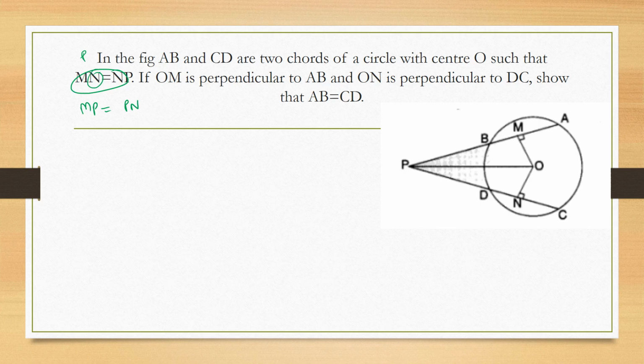What is given? OM is perpendicular to AB and ON is perpendicular to DC. Okay, show that AB equals CD. I need to show this one is equal to this one.